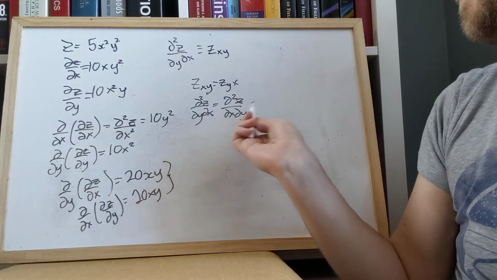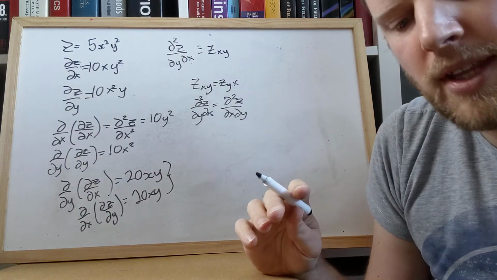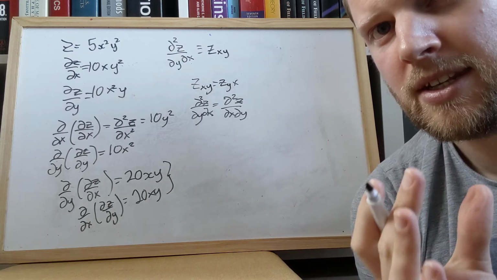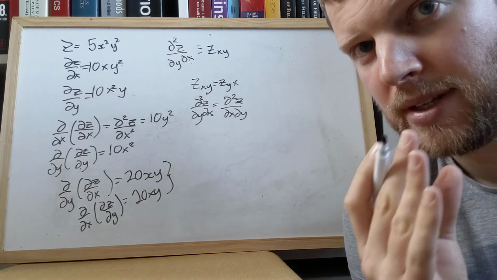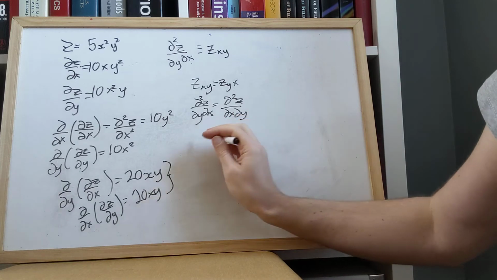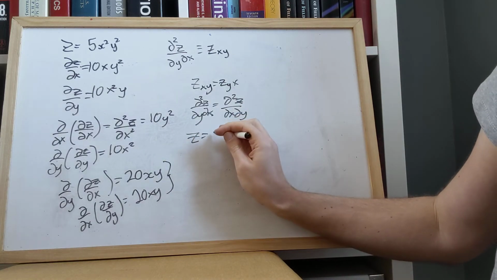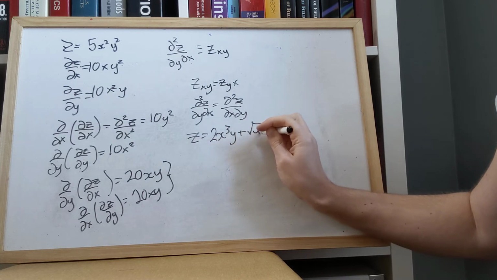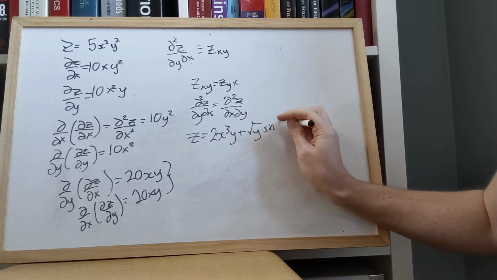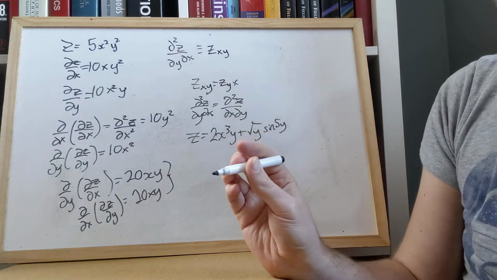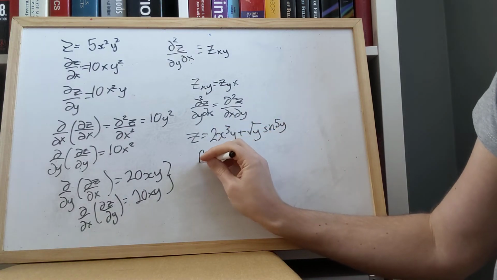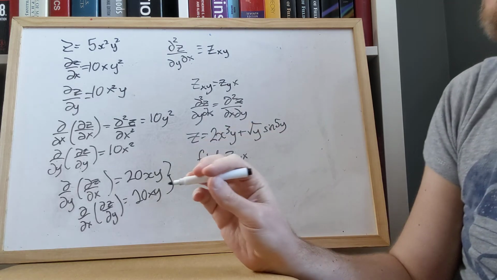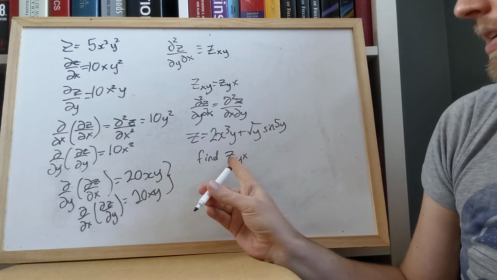So they're the same. Now we can exploit that if we've got a function which is quite complicated in one of the variables but quite simple in one of the other ones. So for example, let's say I had z equals 2x cubed y plus the square root of y times sine of 5y. And then let's say I wanted to find zyx.